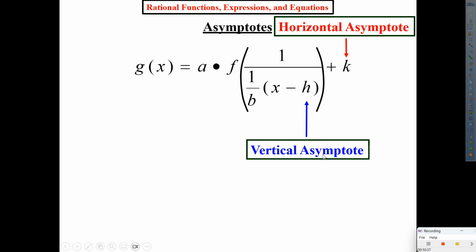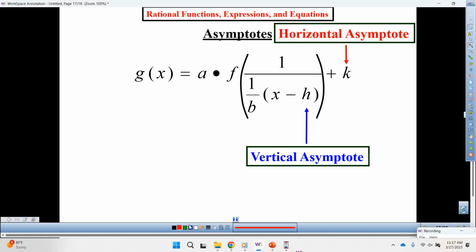Our h is vertical, our k is horizontal. Once again, the h is going to give us a vertical invisible line, and the k is going to give us a horizontal invisible line, like so. Okay, we got it? All right.